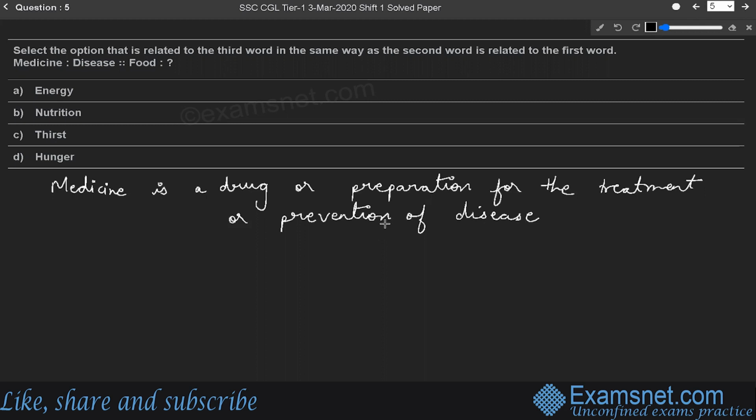So here we know that we require medicine to recover from a disease. Now the third word is food. So we need food when we are hungry. So here hunger is a feeling or showing the need for food.